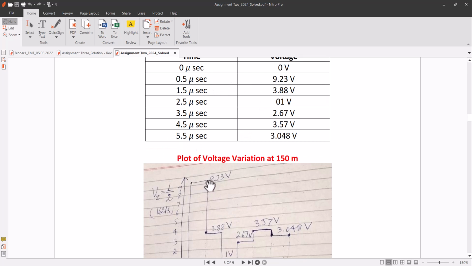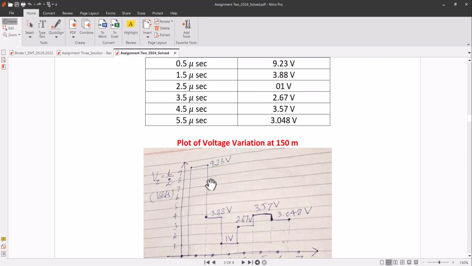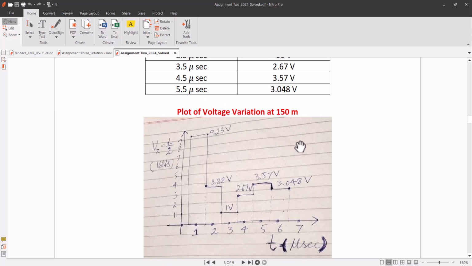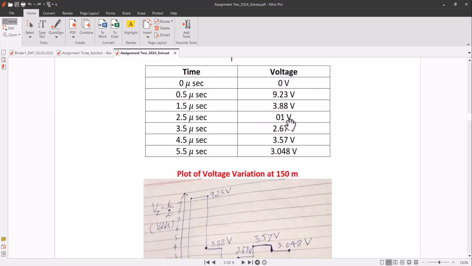At 1.5 we are having 3.88, and it is up to 2.5. Then we have 1 volt, and then again 2.67, and then 3.57, and then 3.046. So this is your plot of variation at 150 meter.